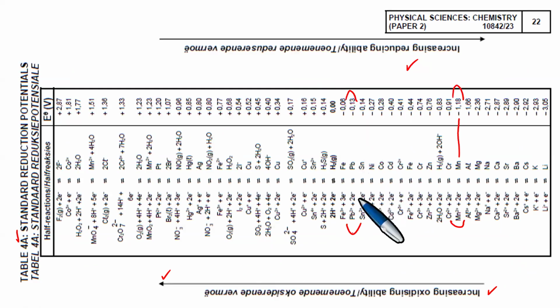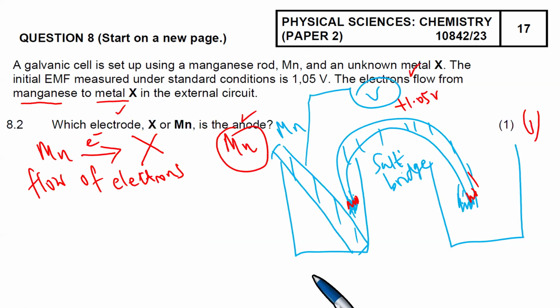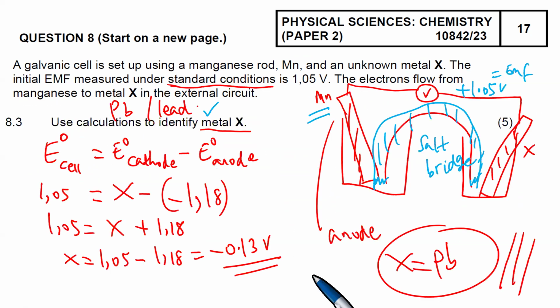It's Pb: Pb 2 plus 2 electrons gives us lead. There's no other minus 0.13 there, and therefore it is lead that we're dealing with. X is equal to Pb. So what is the metal X? We're going to say, Mr. Examiner, X equals Pb. That is the answer.